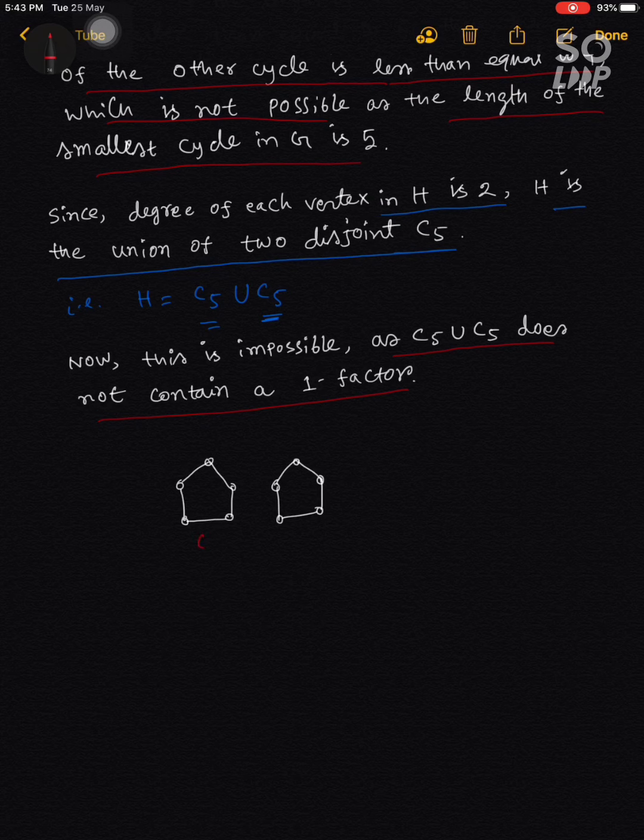You can look here, this is C5, this is C5, and we are taking H equal to C5 union C5. These two C5s are disjoint, so you cannot find a 1-factor of H. That is, you cannot find a spanning 1-regular subgraph of H.